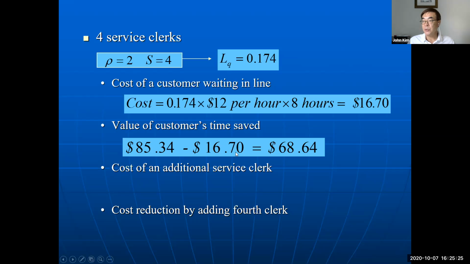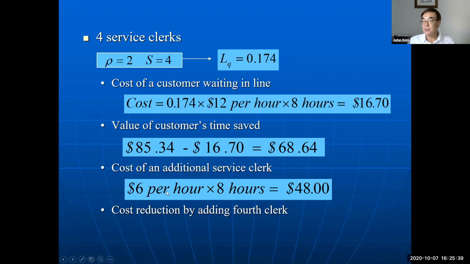So by hiring one more clerk, 68.64 saved. But to hire one more clerk, pay $6 per hour, and then during the store open, the 8 hours open, so pay $48.